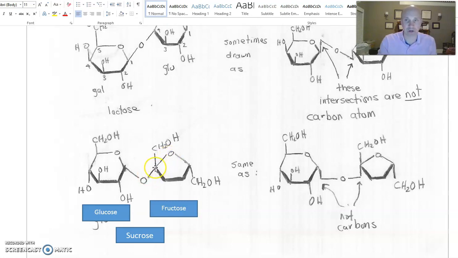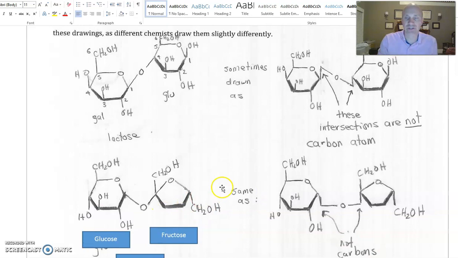So this is the anomeric carbon of the fructose. The linkage is between 2 anomeric carbons on neighboring monosaccharides, which is very unique, and it's actually what leads to the stability of sucrose. But keep in mind that is a relative rarity when it comes to polysaccharides.